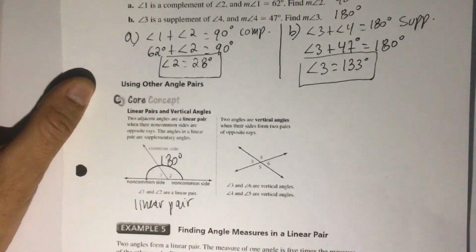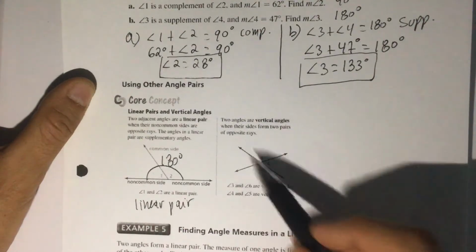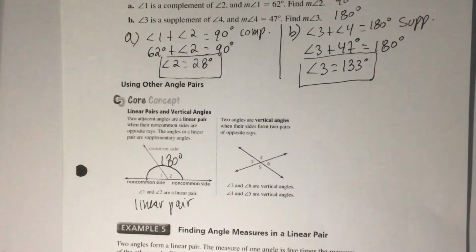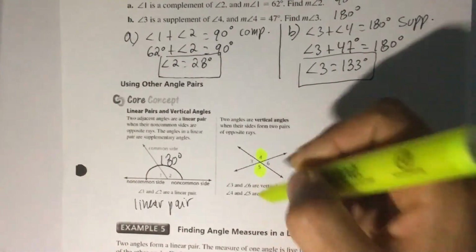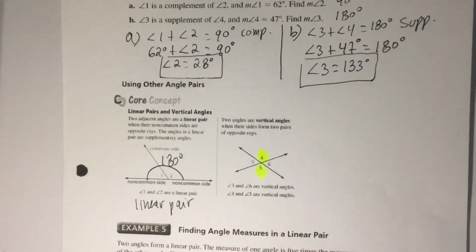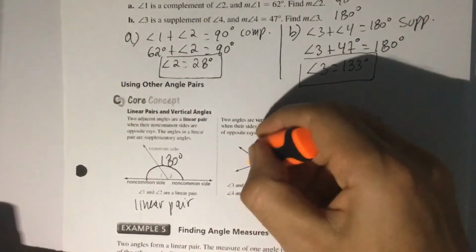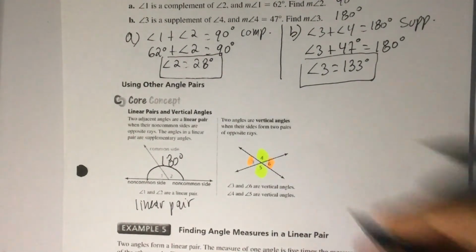pairs of opposite rays. So if you have two crossing lines, right, crossing like that, well, the opposite angles are going to be vertical, and also they're going to be equal to each other. So this angle and this angle, angle 4 and 5, are vertical, and angle 3 and 6 are also vertical angles. So let me write it down.